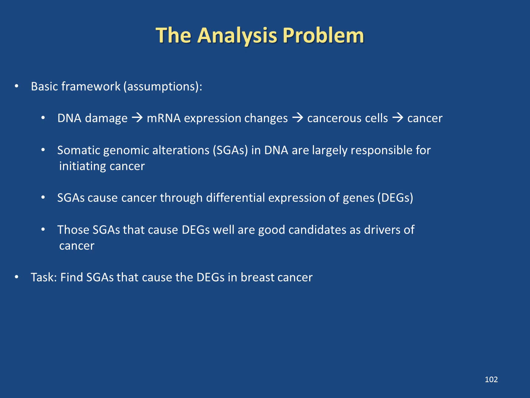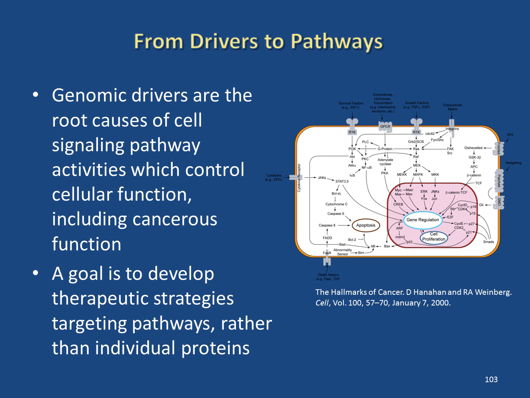So this analysis problem we're going to look at is to find SGAs that cause DEGs in breast cancer under assumptions. And as I mentioned before, the genomic drivers can be viewed as the root causes of cell signaling pathway aberrations. Those pathways are controlling cell function, and when they're aberrant, they can cause cell dysfunction, including cancer.